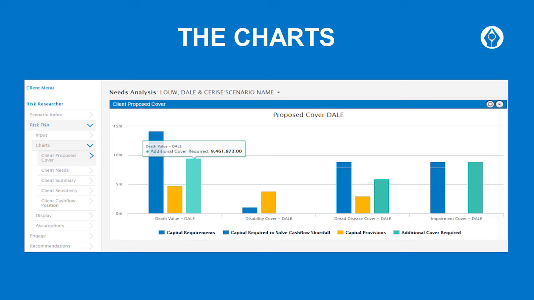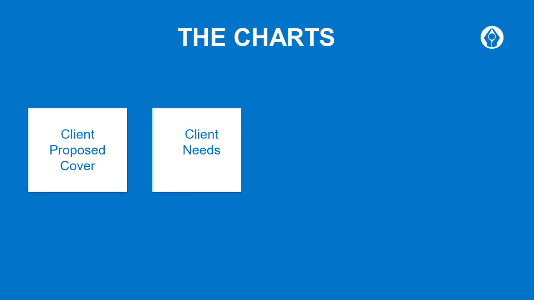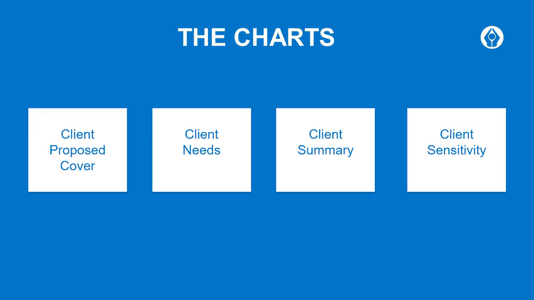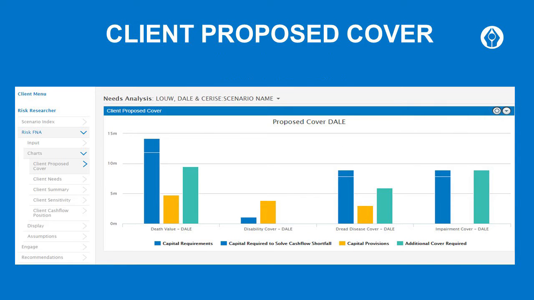The following charts are available in the risk F&A: client proposed cover, client needs, client summary, and client sensitivity. The client proposed cover chart displays the results of the risk planning analysis as a bar graph with no values. The planning event selected will display the relevant bar graphs.